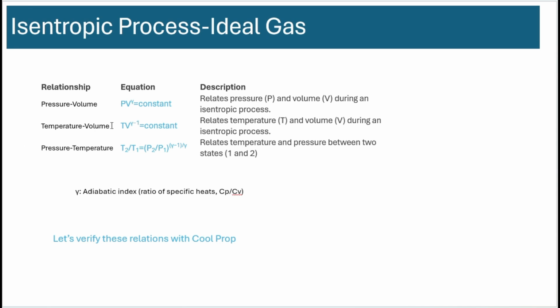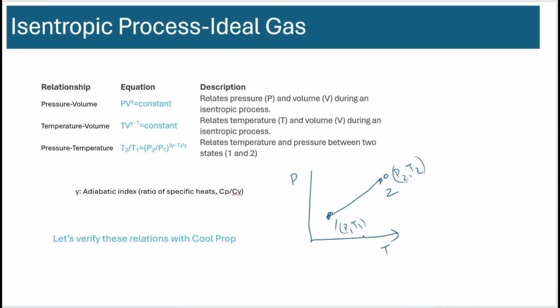Now, assume that an ideal gas went from one state to another, on a P versus T diagram, from P1, T1 to P2, T2.